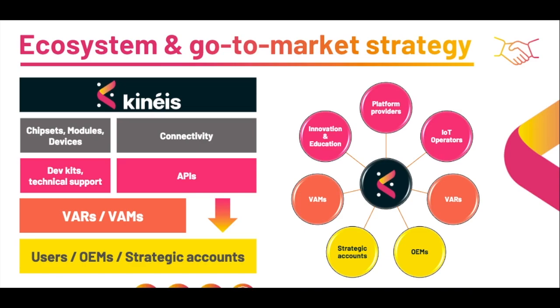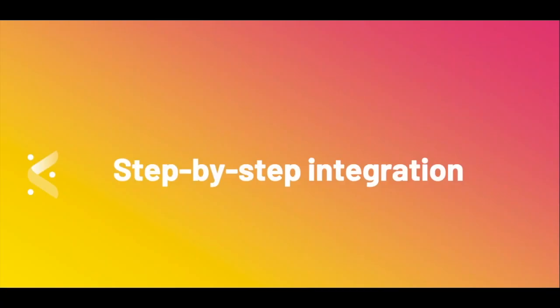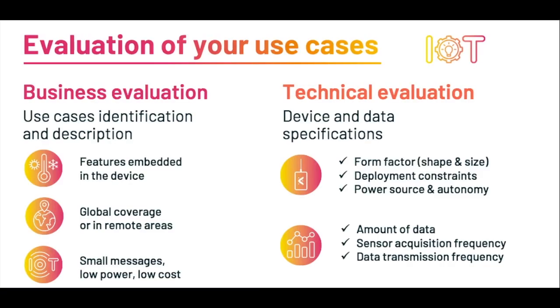Okay, so now that I have presented a bit the ecosystem, I will guide you through the step-by-step integration of the connectivity. So the first step would be the evaluation of the use case. That's divided in two parts, business evaluation, but also technical evaluation. The business evaluation would be to identify and try to define the use case.